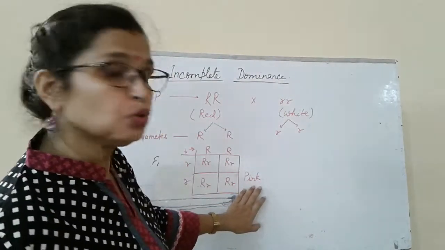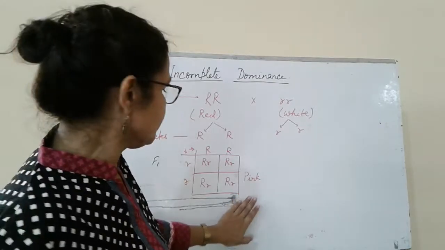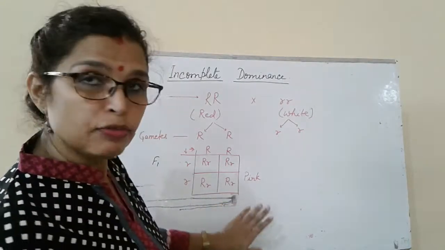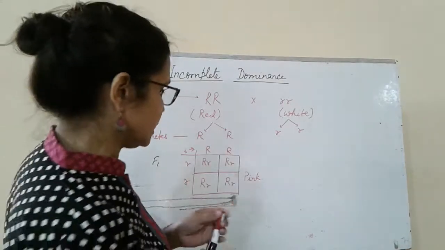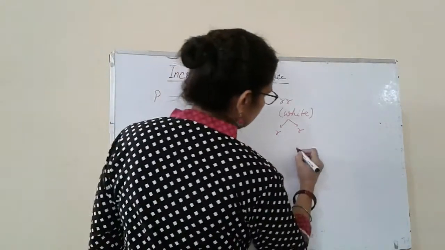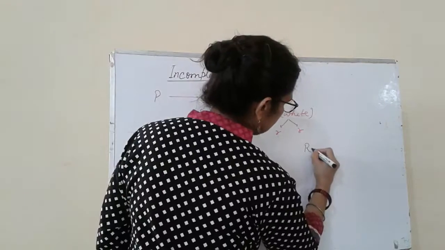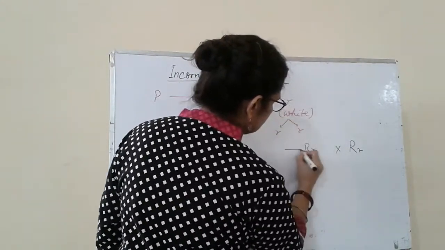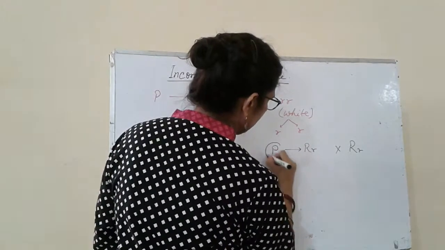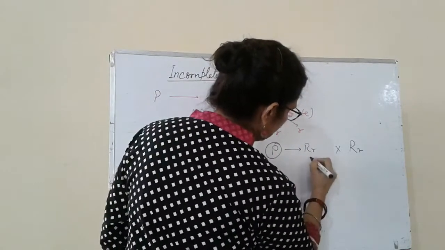So this is due to incomplete dominance. Next, for the F2 generation, we cross the plants of the F1 generation. So when the F1 generation plants are crossed, these are the parents for the F2 generation.